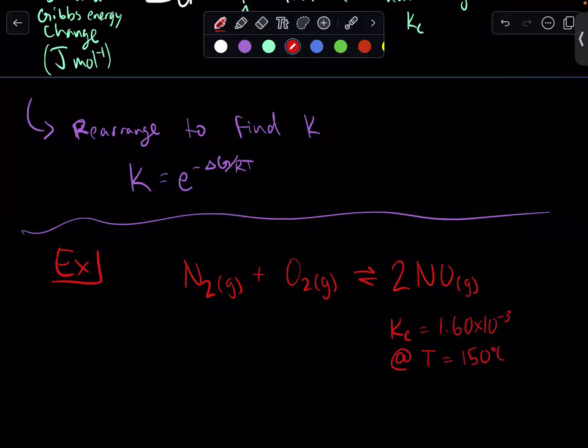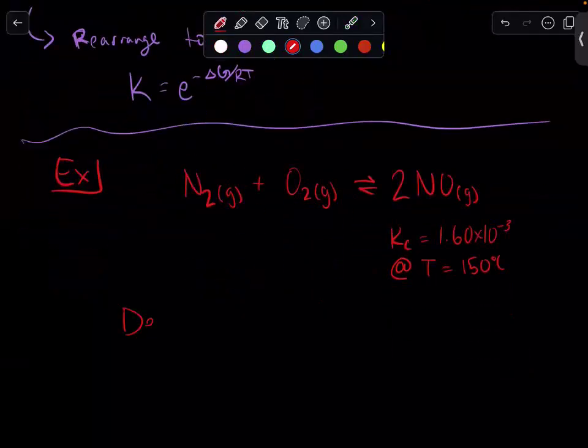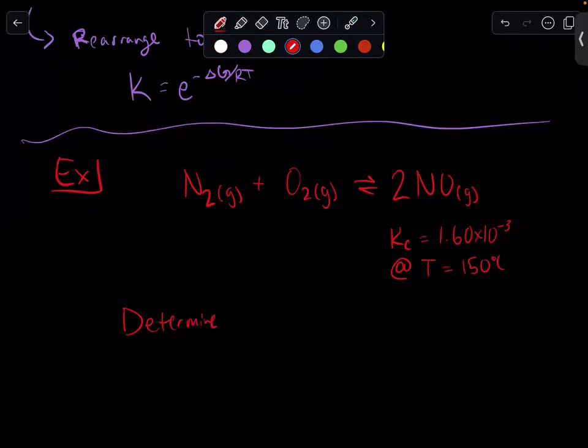I see that degree Celsius and automatically know that I should probably be in Kelvin. Now, our job for this is to determine delta G standard in kilojoules mole inverse.